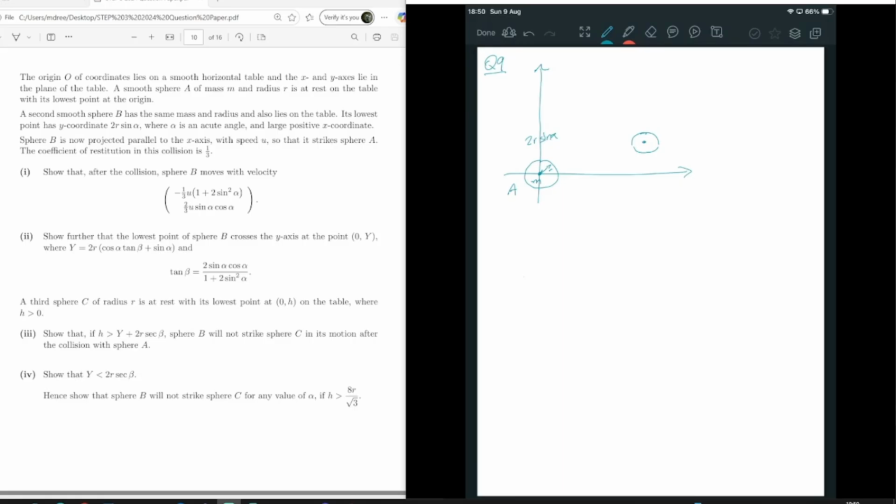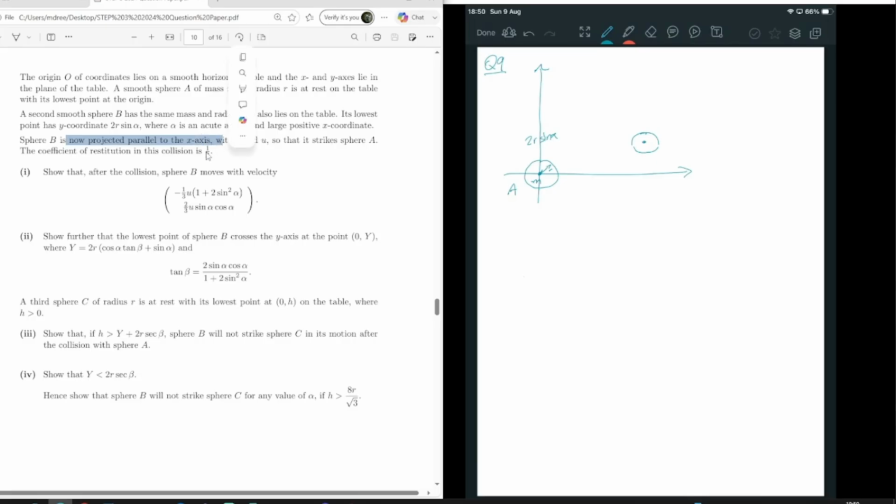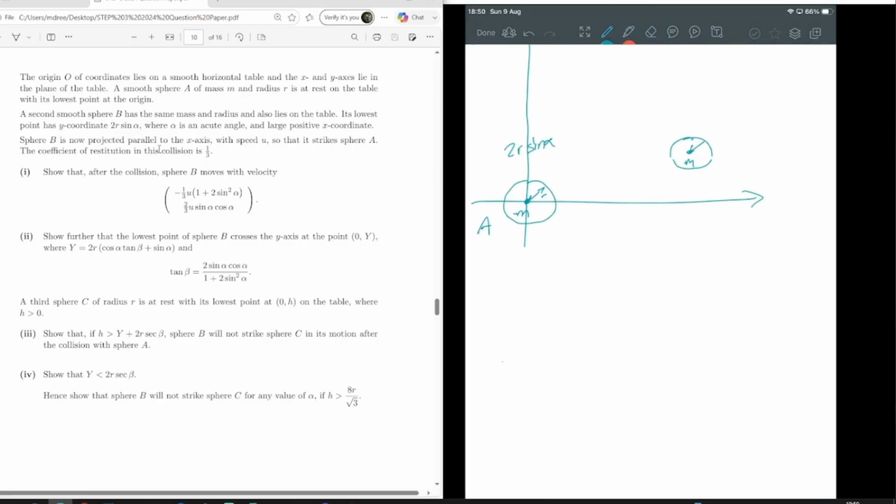That feels a little odd that they didn't tell us what it was, but we are then told it's projected parallel to the x-axis, so the motion is along here, so it's only the x-coordinate that's going to be changing. So that's convenient. That also has a mass of m and a radius of r.